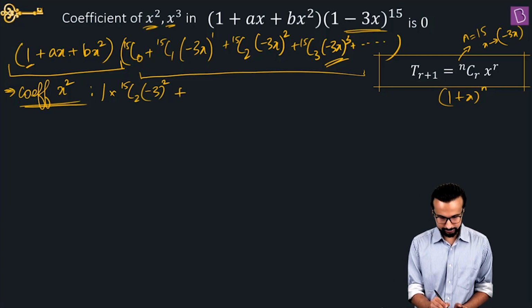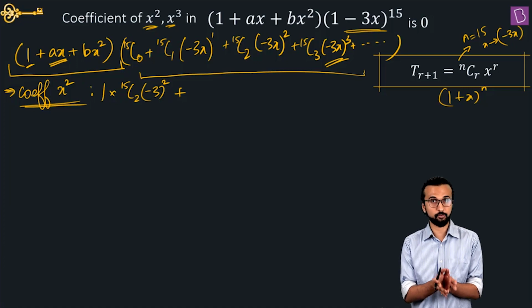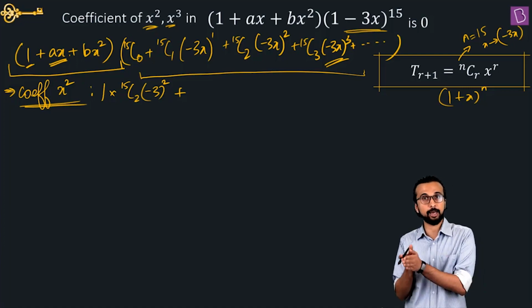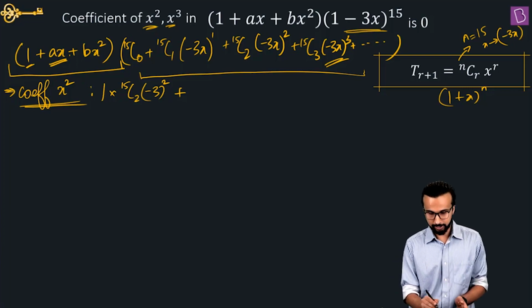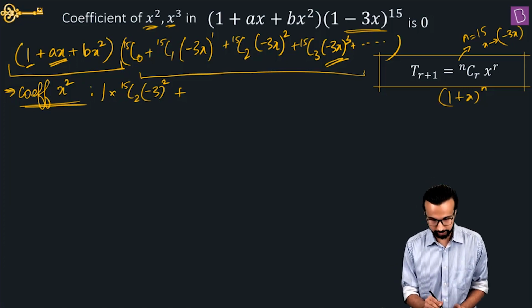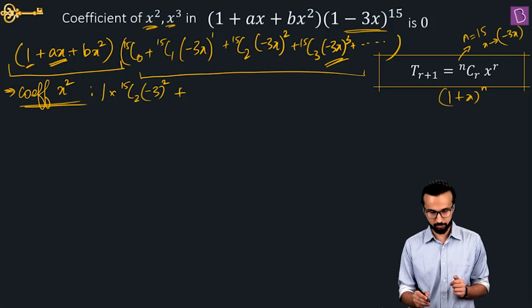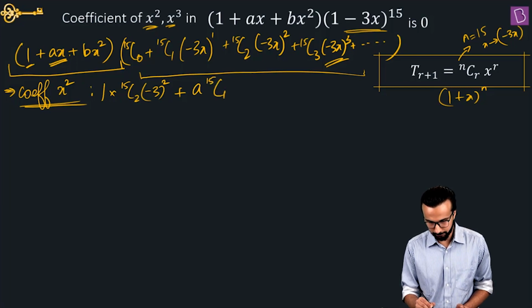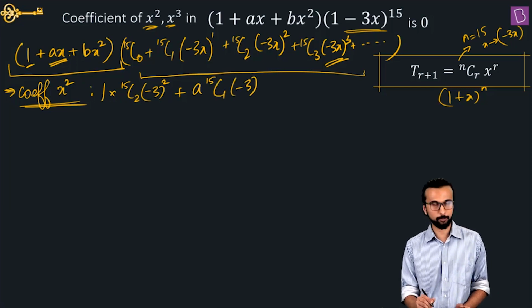Next, the second term of the first part is ax. The ax has to multiply with the x power 1 coefficient in the second part. That is a into 15C1 into (minus 3) power 1.